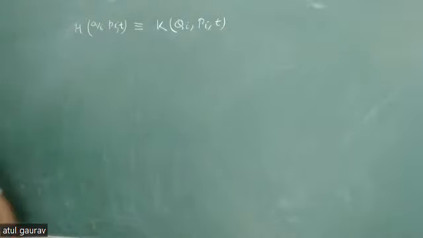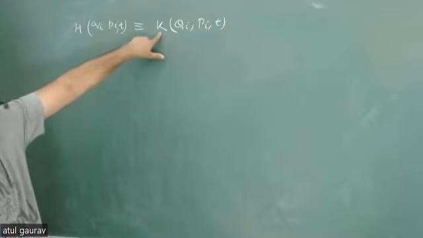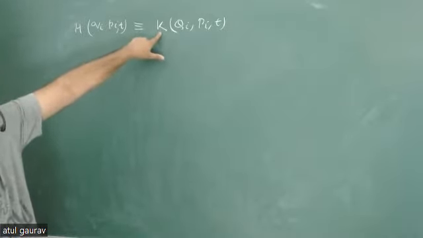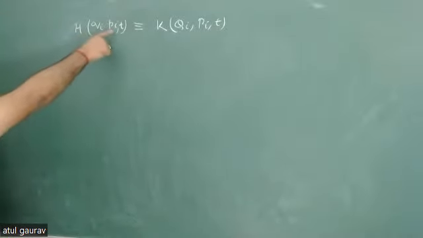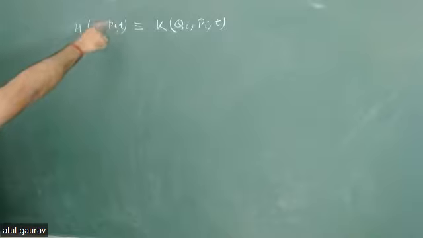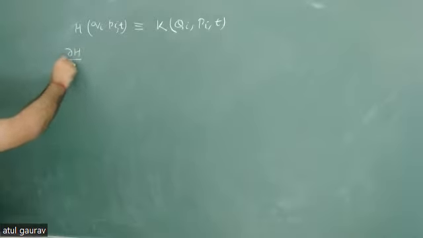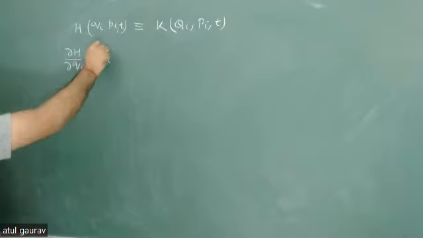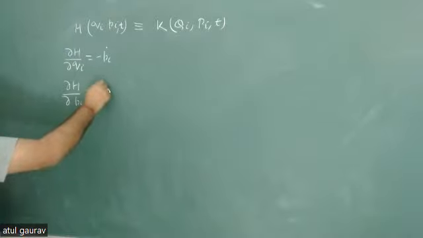And the challenge is that this K must also follow the Hamiltonian equation of motion, such that this small q and small p is going to follow the Hamiltonian equation of motion for H. That means del H upon del qi is equal to minus pi dot, del H upon del small pi is equal to qi dot.